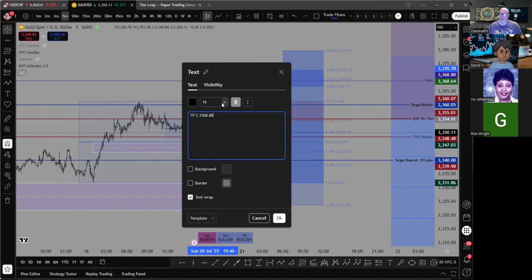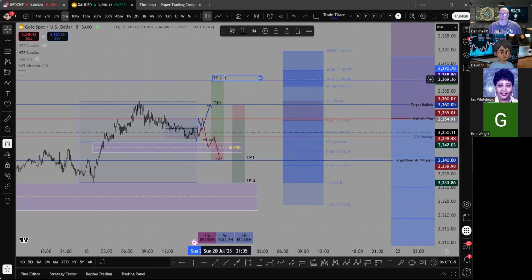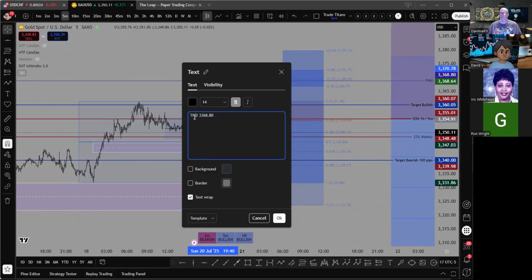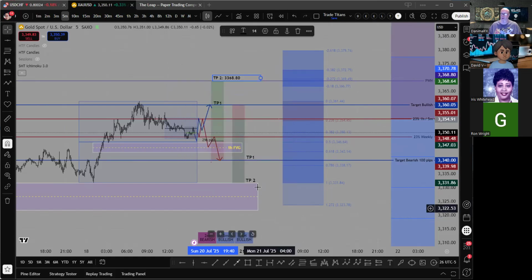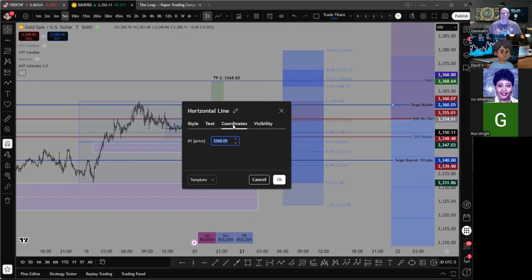Oh, there it goes. It has a button for price. No, I'm talking about putting it in my box. TP2. So I'm just saying TP1 will be something like that. There's the price I'm looking for. Yeah, that's good. All right, TP1 will be there.